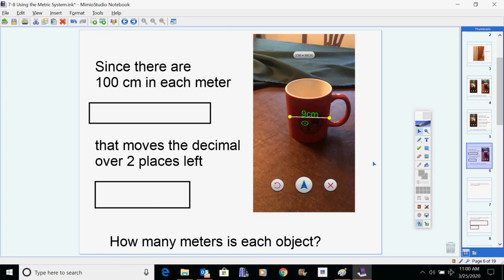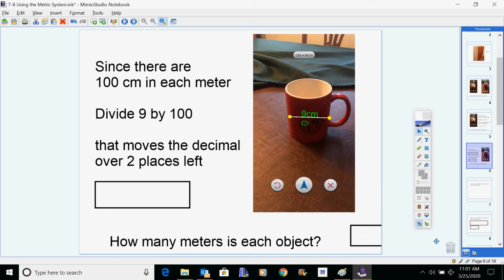All right, let's do the same thing with this coffee mug. Remember, this is a part of a whole meter. You don't have the coffee mug in front of you, but you have coffee mugs probably in your own house. So thinking about how wide across that is, this one measured to be 9 centimeters. And so once again, it's smaller than the whole meter, so we're going to divide by that 100.